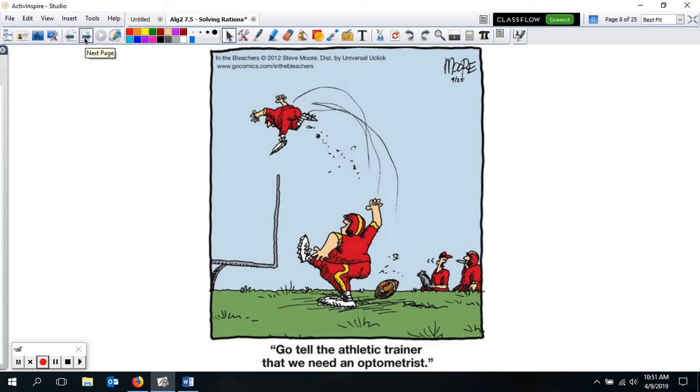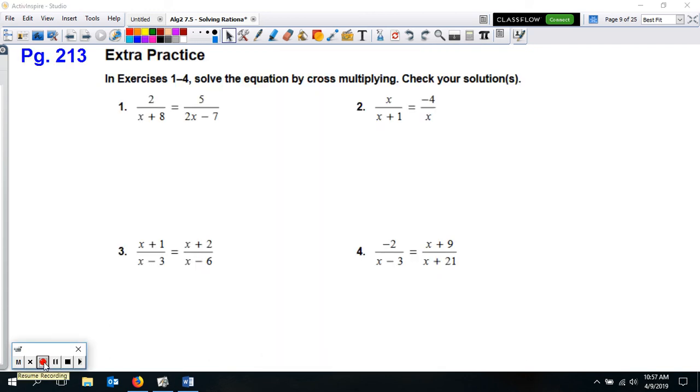All right, let's get into solving equations by cross-multiplying. Okay, so on page 213 in your notes, extra practice number 1, it says that we're going to solve the equation by cross-multiplying. So what we really have here is a fraction equal to a fraction, which we would call a proportion.